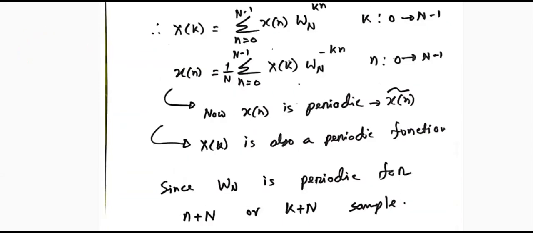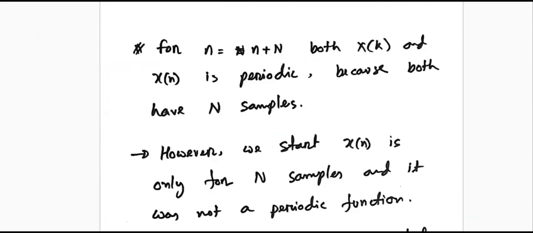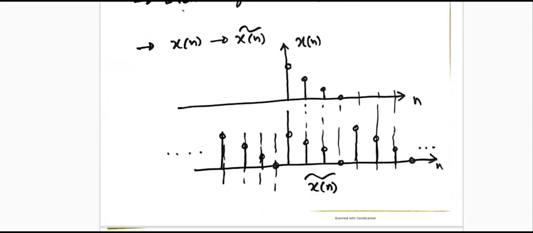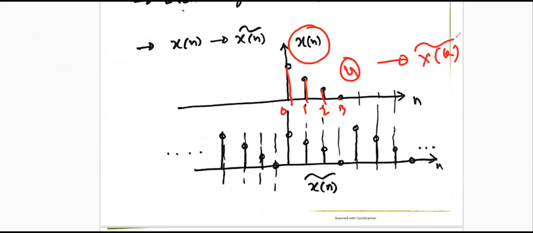From the graphical perspective, we can show that this is the phenomenon. So we start with this kind of xn. We have the samples like this. How many samples do we have? 0, 1, 2, 3. We have 4 samples. And after doing the discrete Fourier transform, we got xk, which is periodic. Whenever we come back to our original signal xn by doing the inverse discrete Fourier transform, we find that it is converted to a periodic signal.